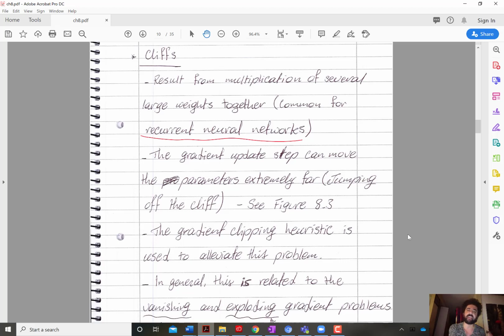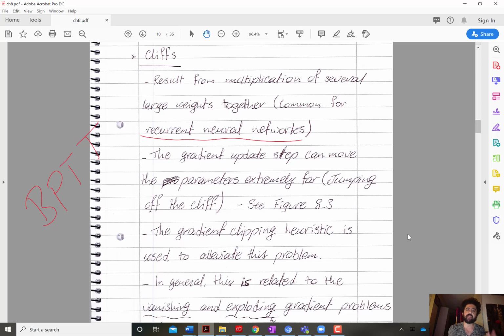Because it's typically the case, and it will become clear as we discuss in the last section, recurrent neural networks like gated recurrent units and long short-term memory cells typically have, in their operation and in the calculation of the backpropagation, which is a version of backpropagation called backpropagation through time, and the abbreviation is usually BPTT, that usually involves raising the same parameter to a power, right?